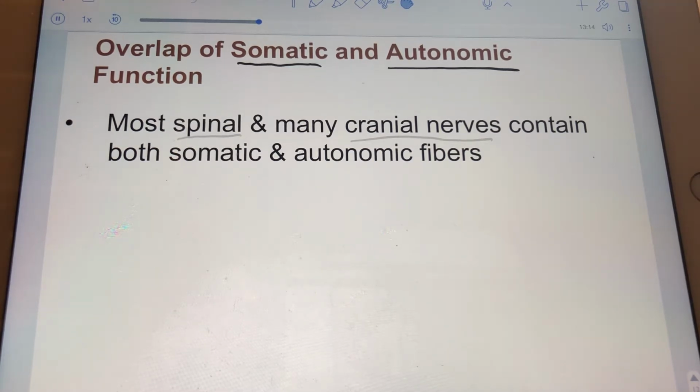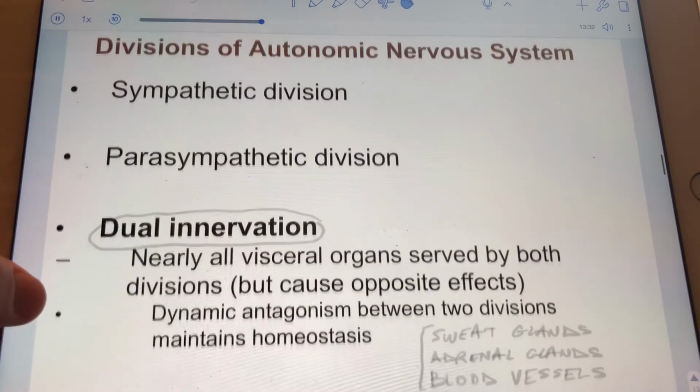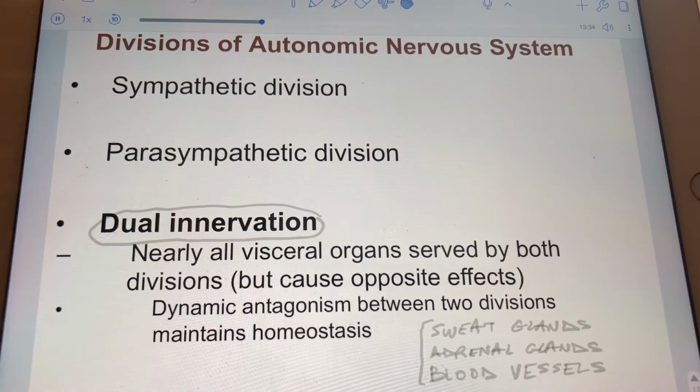Now, also, most of the spinal nerves, many of the cranial nerves, house both somatic and autonomic fibers. So there's sort of an anatomical complement to that idea, okay? Anywho, slide 13. The autonomic nervous system is further divided, as you well know, into the sympathetic and parasympathetic pathways.